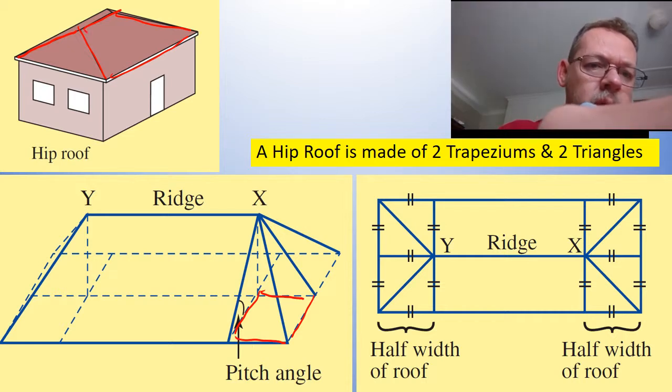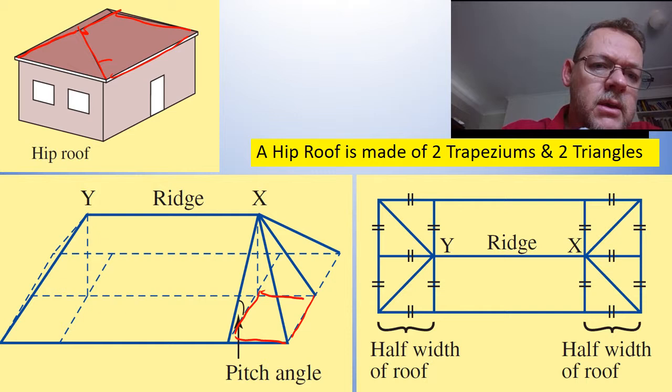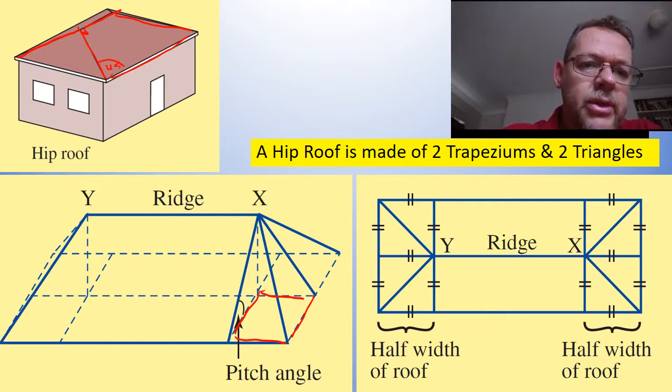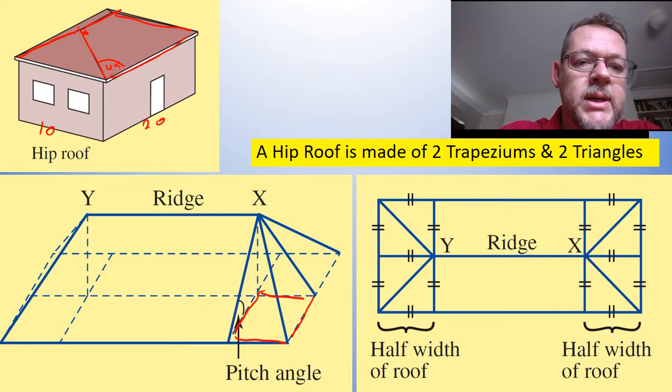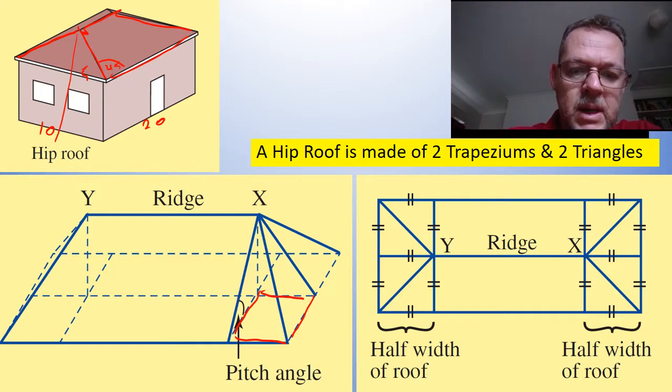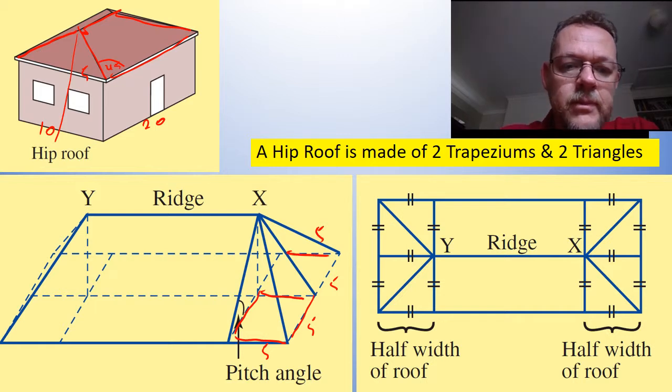If this was 10 meters here and this was 20 meters here, that means we've got 5 meters there, 5 there, 5 there, and 5 there.